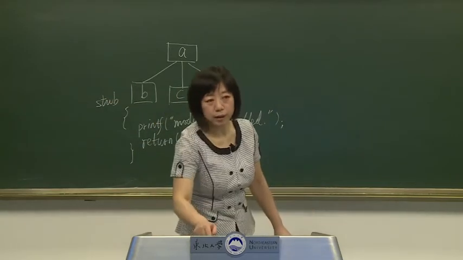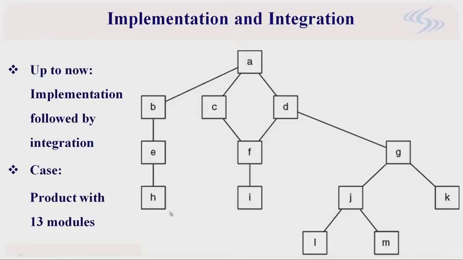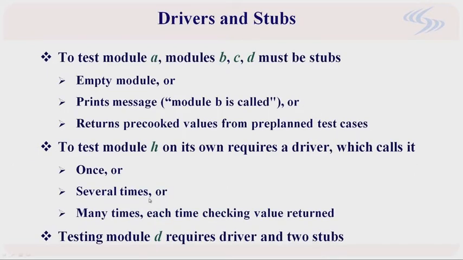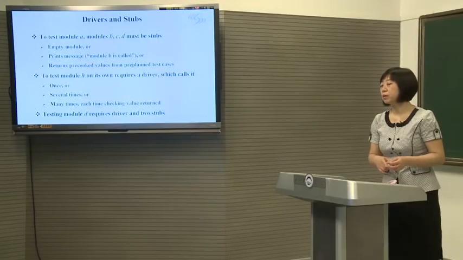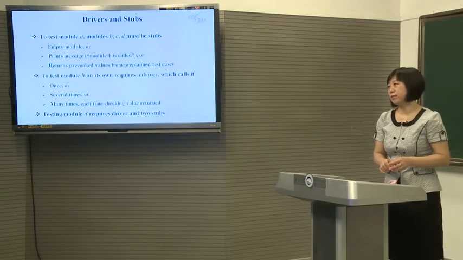For our example, to test module H, let's say, module H will call nobody, but module E will call H, right? So to test module H on its own requires a driver. That means a driver should be achieved to call module H once or several times or maybe many times, and each time checking the value returned.